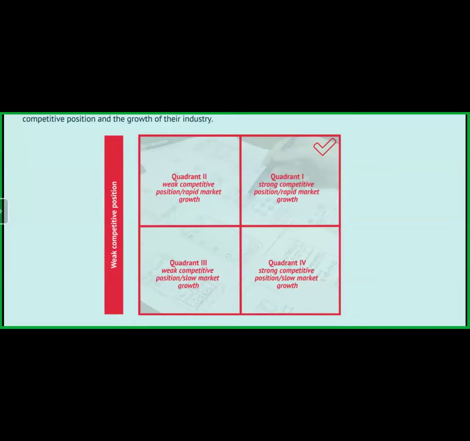Now, for example, an organization is there which operates in the automobile industry. For example, organization X manufactures two wheelers, the motorcycles and mopeds, which run on petrol.